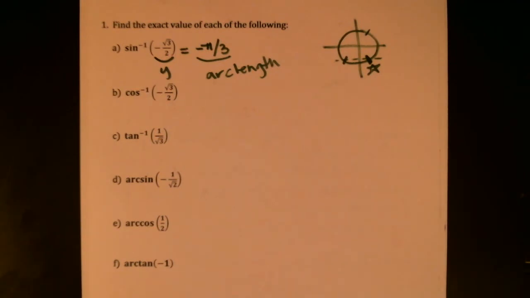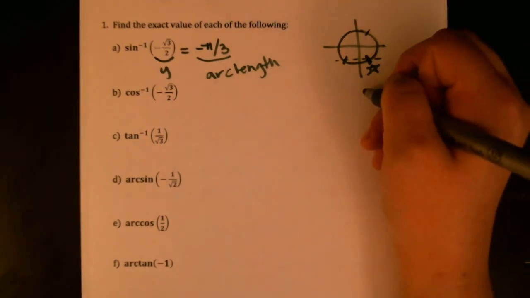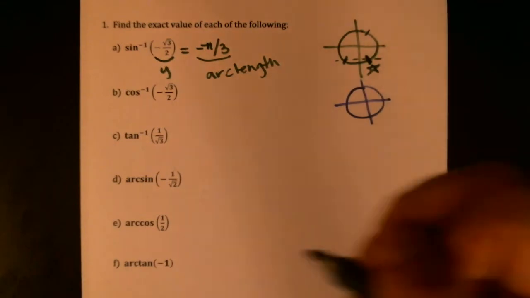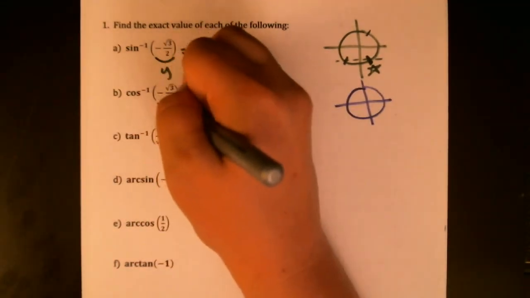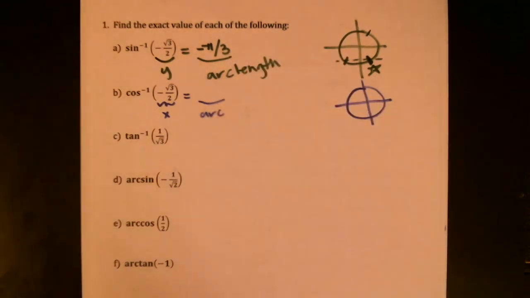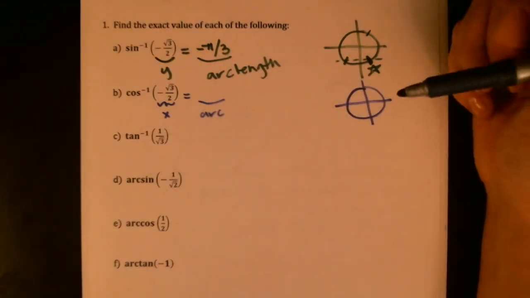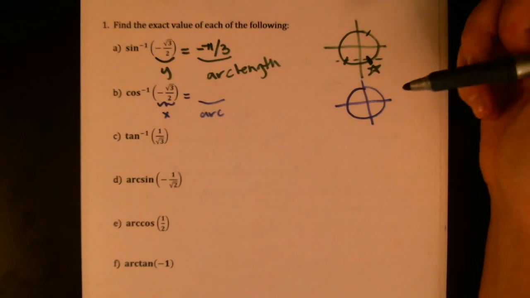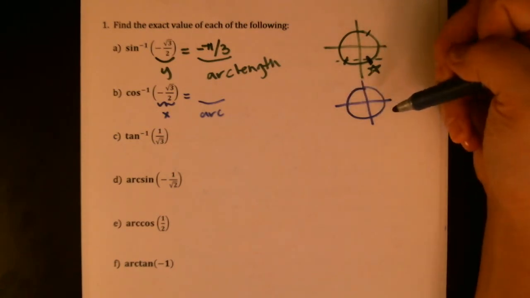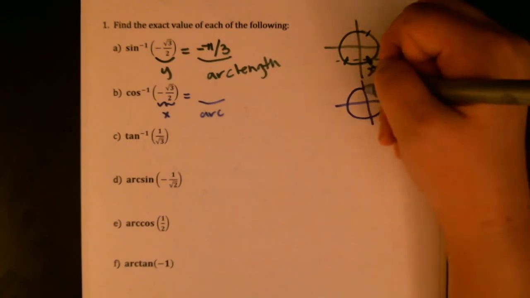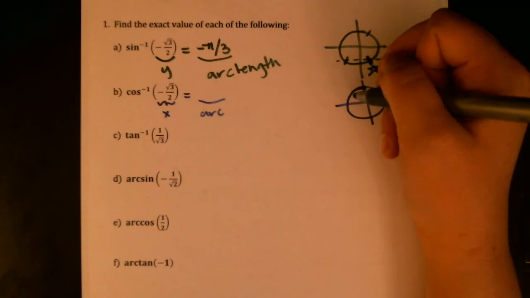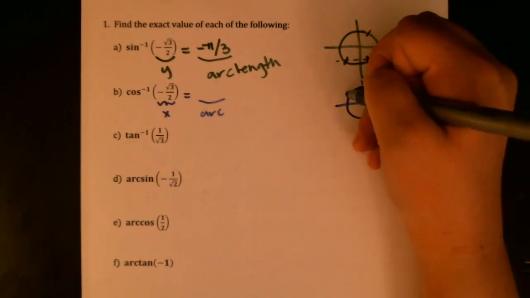All right, for inverse cosine of -√3/2, now I'm saying inverse cosine should input my x and output my arc length. So I am asking myself which arc length between 0 and π, so for arccosine it's always the top half, 0 to π, will land me at a point with an x coordinate of -√3/2.